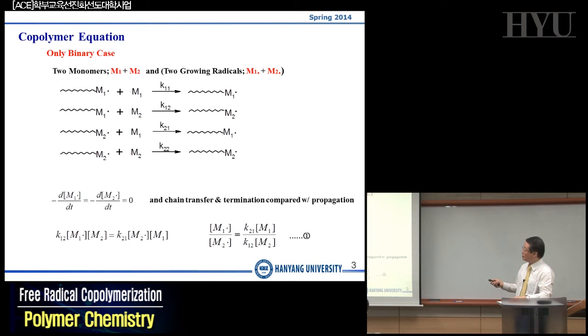So the magnitude of K11 and K12 will tell you how fast the next monomeric unit will form, and give you information about the chain ends.